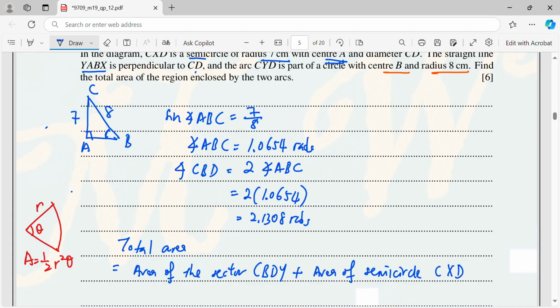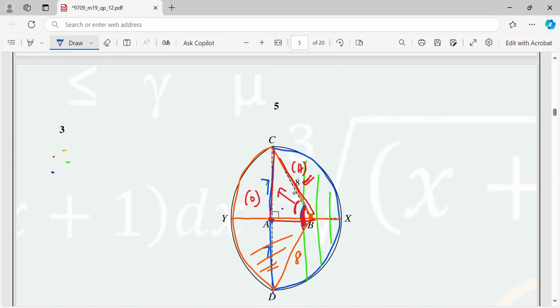Then I minus area of triangle. So the triangle is CBD.